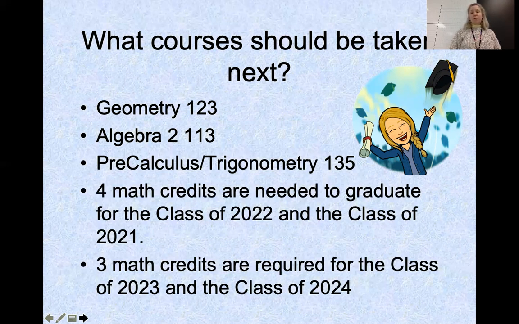One of the suggestions that I have given to students is to do some research and find out what they want to do after high school. And if that is a job or going to school, whatever, find out what math is required for that avenue that they're looking at. If they start to do some thinking and questioning like that, those are some conversations that we've had in class.